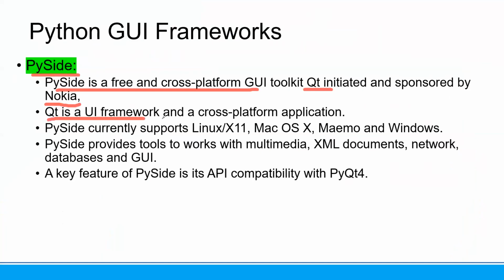Qt is a UI framework and cross-platform application. It can support Linux, OS X, Mac, and Windows, and there is also another kind of OS, Maemo. PySide is very good for multimedia, so if you use video or images, this is very good.